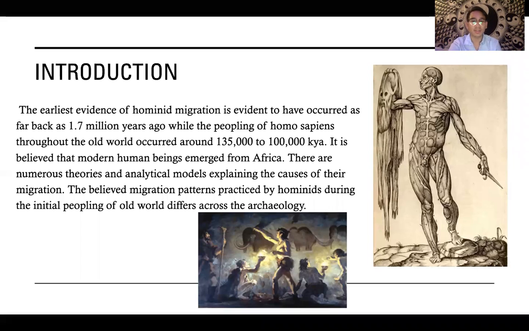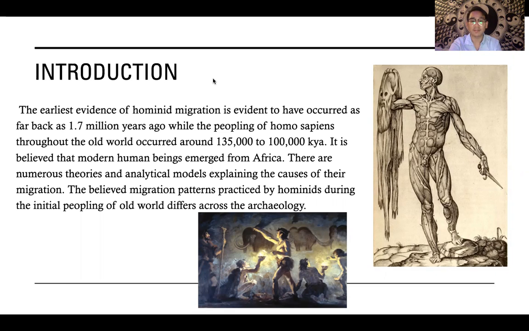Here's a bit of an introduction to what I'm going to be discussing. The earliest evidence of hominid migration is evident to have occurred as far back as 1.7 MYA, while the peopling of Homo sapiens throughout the Old World occurred around 135,000 to 100,000 KYA.